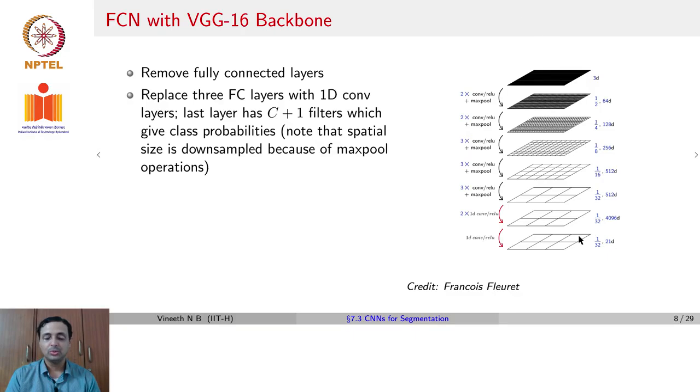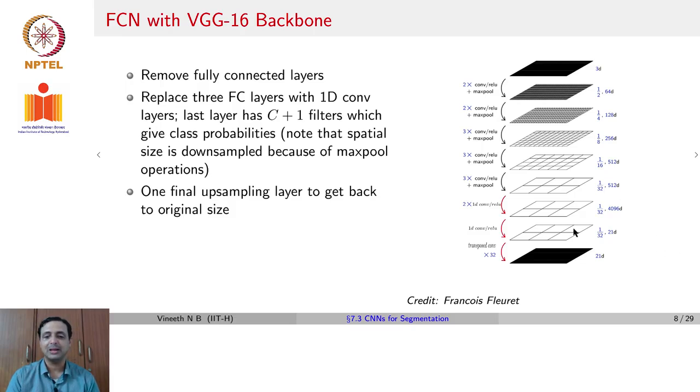However, you notice here that while you have 21 channels, the output is still smaller in size when compared to the input resolution. So you finally have one upsampling layer, which is done using transpose convolution, to get back to the original size. This is what was done in fully convolutional networks.